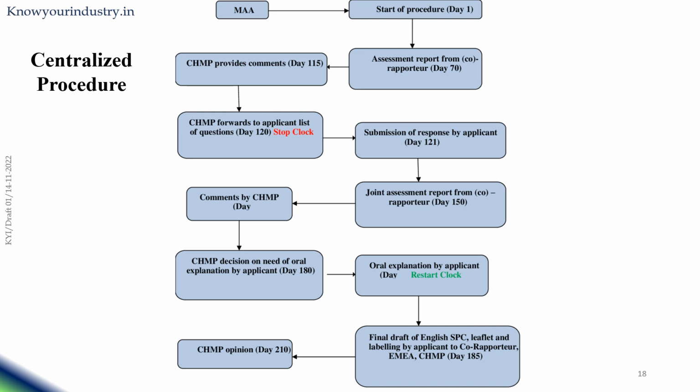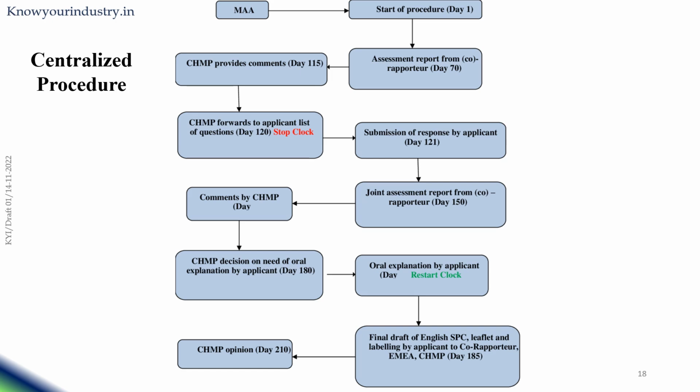CHMP forwards to applicant list of questions on day 120, it is the stop clock. Then the submission of response by the applicant on day 121. Then there is a joint assessment report on day 150. Then we receive the comments by CHMP on day 170.